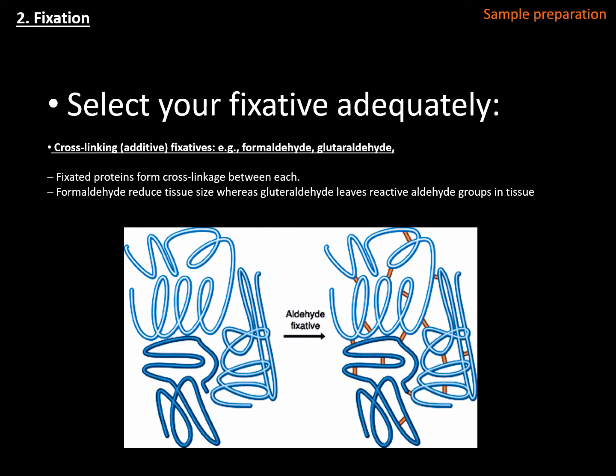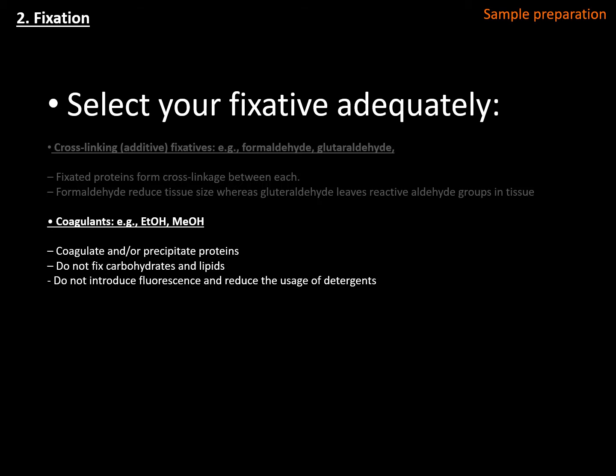Nonetheless, formaldehyde, for instance, reduces tissue size, whereas glutaraldehyde leaves reactive aldehyde groups in the tissue that tend to give non-specific fluorescence for that particular tissue. You can also use coagulants like ethanol and methanol that, rather than fixing proteins to each other by covalent links, coagulate or precipitate the proteins toward each other, making them stiff and very close together.